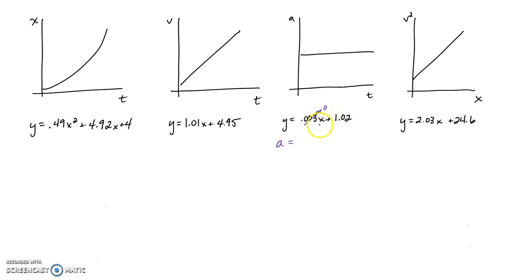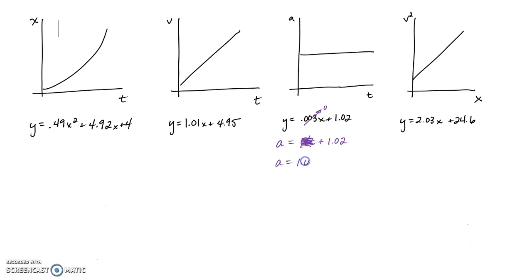And so this x is time, but if I have 0 times time plus 1.02, well, I'm not exactly the happiest of campers. So this all goes away. And we are left with acceleration equals 1.02. Well, that's cool. So basically it's a constant.